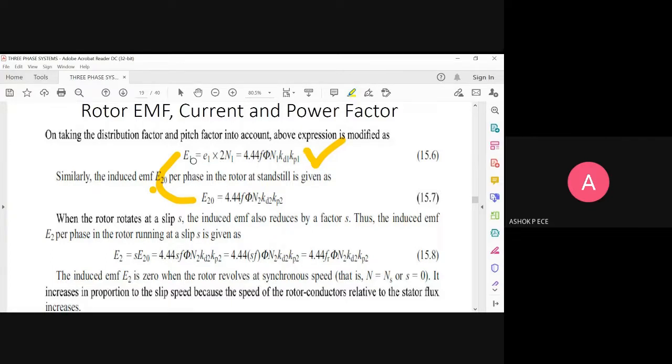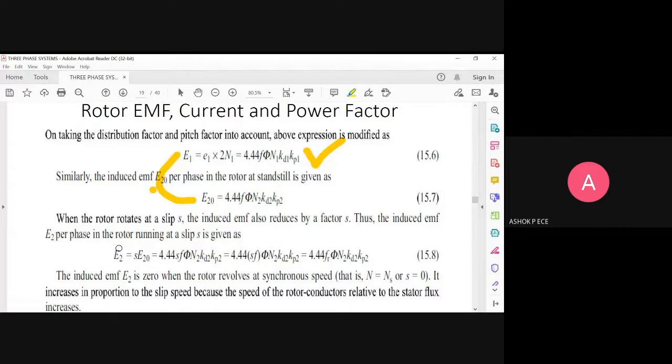If it is standstill, you put a naught. If it is rotating, you have to multiply the standstill voltage by S. I told you, in an induction motor, the running condition will be S into the static condition. That is the general equation. The running parameter equals S into the static parameter.